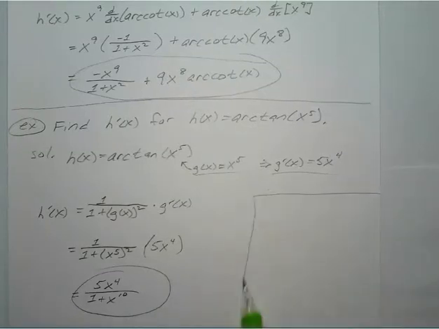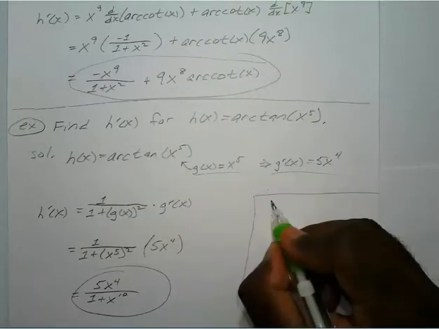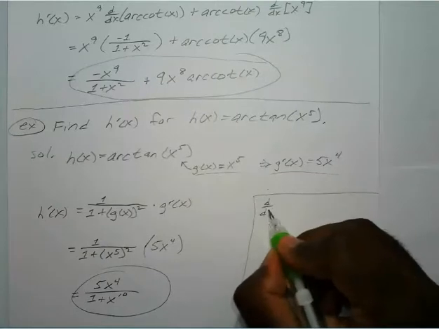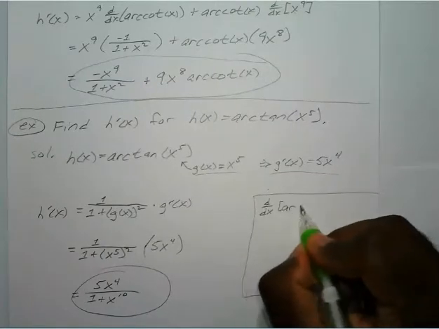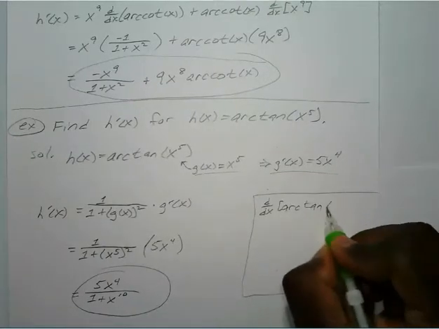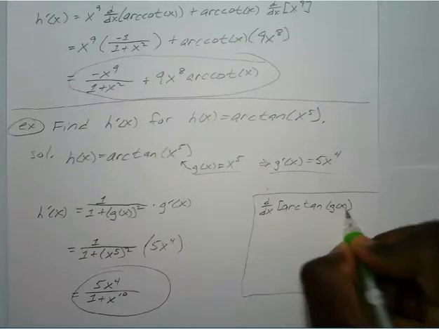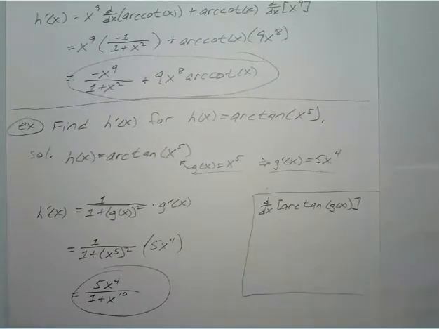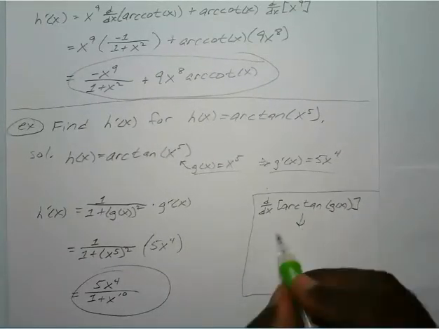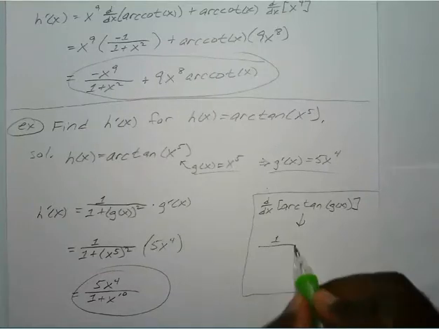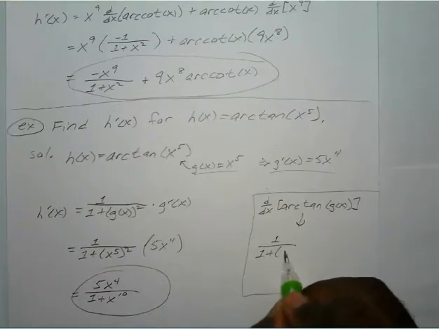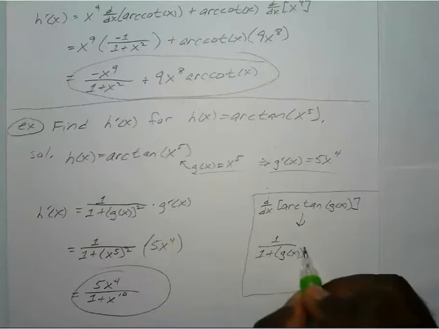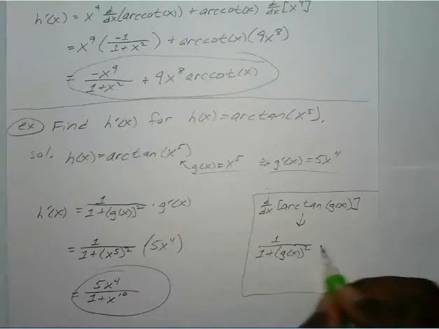And just to make sure we know that the derivative of arctangent g of x is equal to 1 over 1 plus our g of x squared times g prime of x.